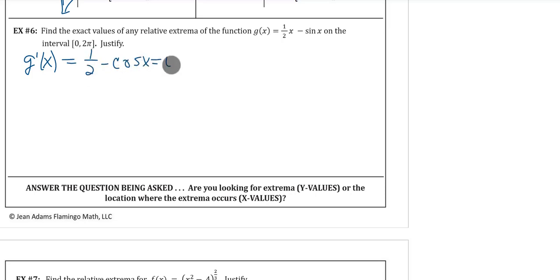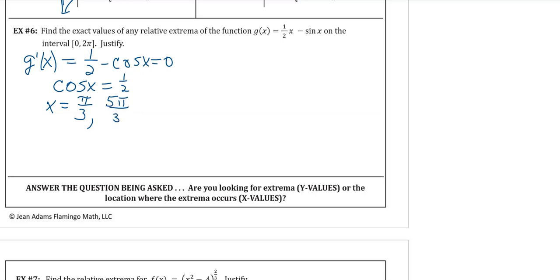Then we're going to set that equal to 0. So we get cosine x equals 1/2. And in our interval 0 to 2 pi, we have the first quadrant, which is pi over 3, and the fourth quadrant, which is 5 pi over 3, where cosine is positive and has a value of 1/2.